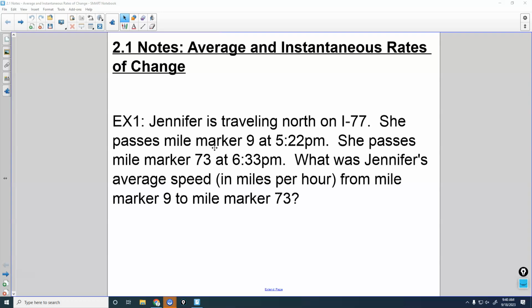Yeah, I'm not sure why we're doing. Why should you think that? I mean, what'd you get? Unless we did it wrong. Where was she at? 77 at mile marker 9. At what time? 5:22. Where is mile marker 9? Charlotte. That's a good point. Did she drive the speed limit at that time? Probably not. She's probably in traffic. So she was probably at like 10 miles an hour. Yeah.